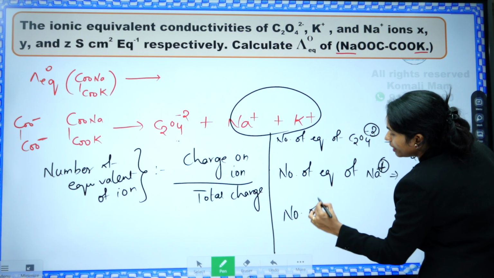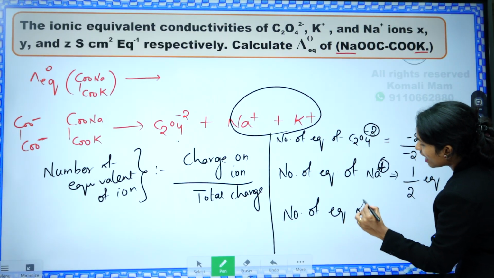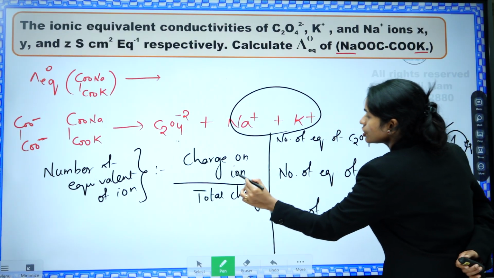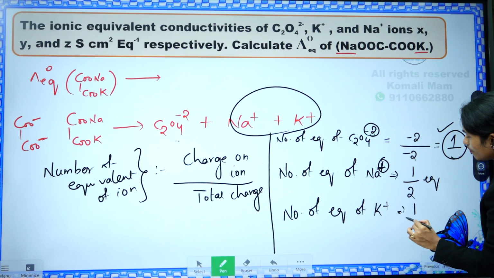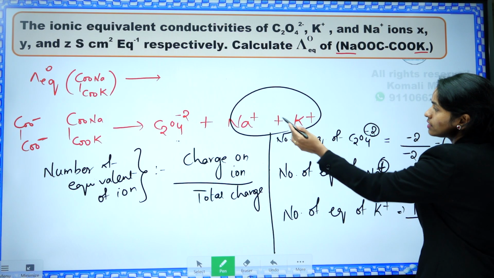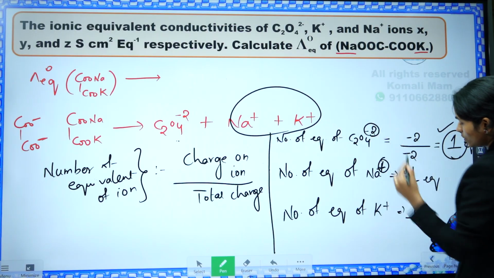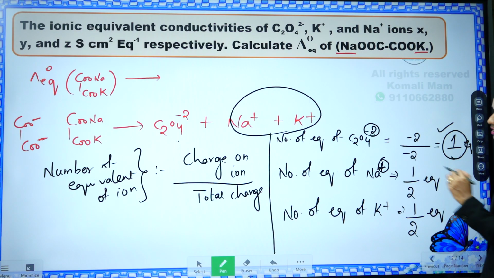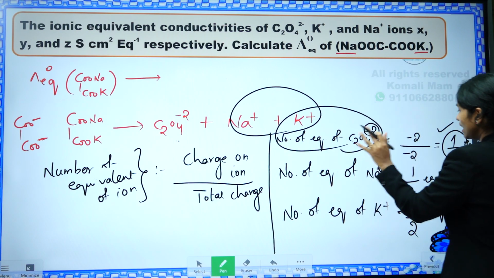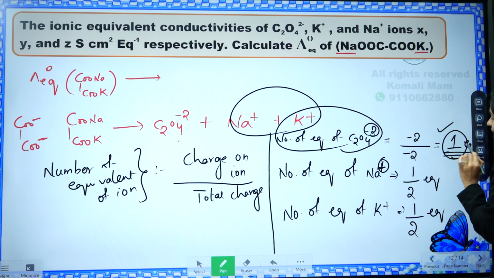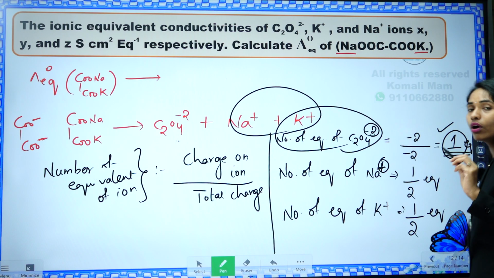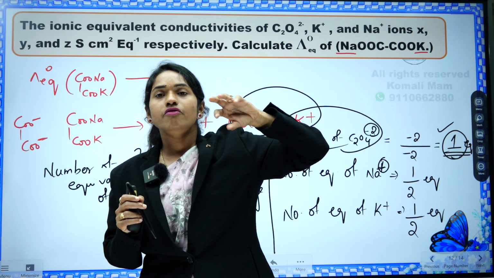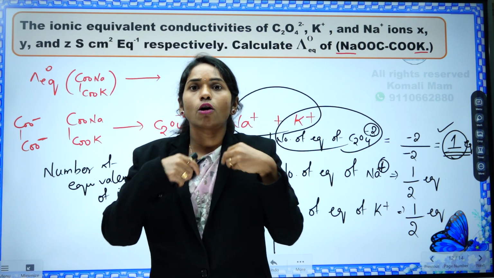Again, the number of equivalents of potassium ions. The formula is charge on ion over total charge. The charge is 1, and the total positive charge is plus 1, plus 1, which is 2. Then it is half equivalents. What is the meaning? Anions move towards the anode, where oxidation takes place, loss of electrons.